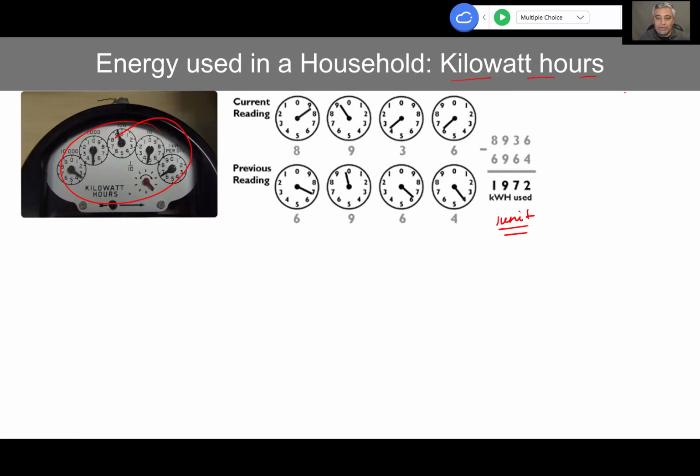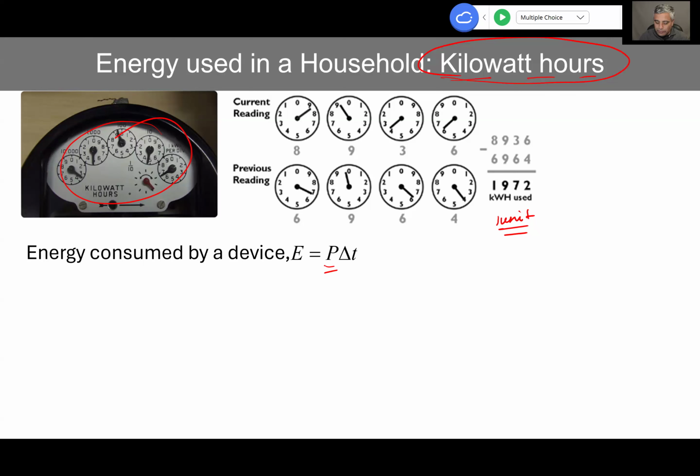So for example, you have a 100-watt light bulb, and then you run that for 10 hours. How much energy did you consume, right? The longer you light the bulb, the more energy you are using. So basically, that is the unit of energy, not the unit of power, okay?